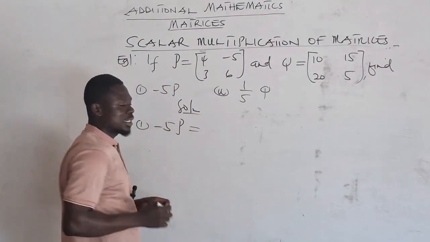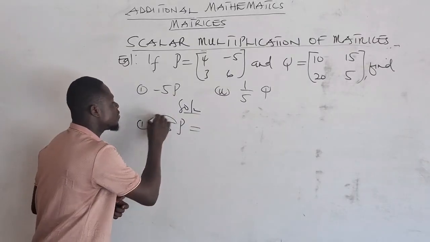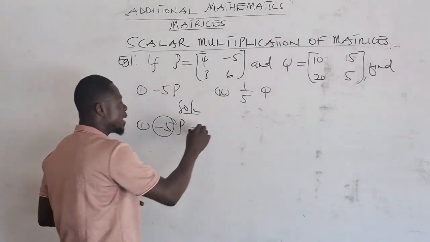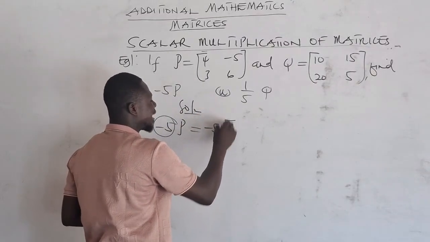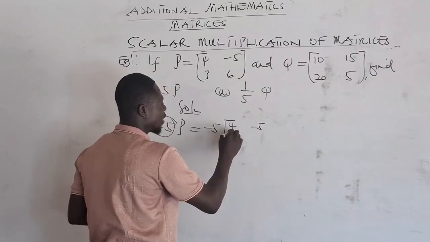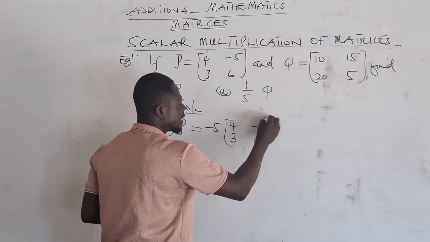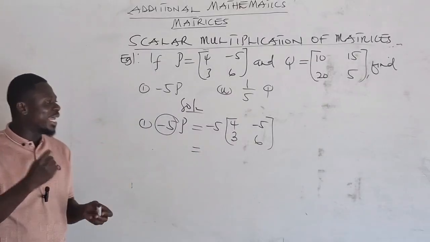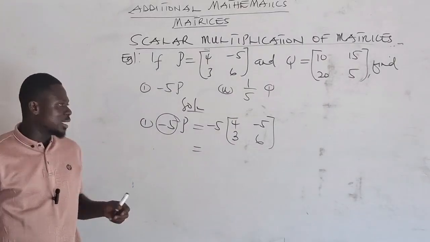-5P means that our scalar is -5 and the matrix P has been given. So it will be -5 multiplying our matrix 4, -5, 3, 6. This will be done by multiplying the -5 by each of the elements in the matrix.